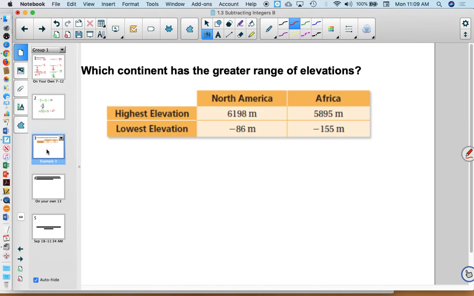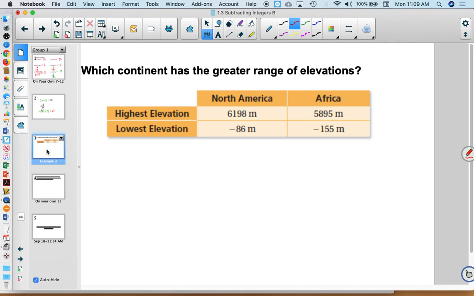Now, we did some stuff today on that assignment with elevation. When it's talking about which continent has the greater range of elevation, all it wants to know is how far are they apart, correct?